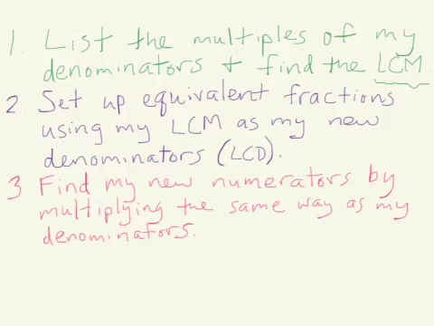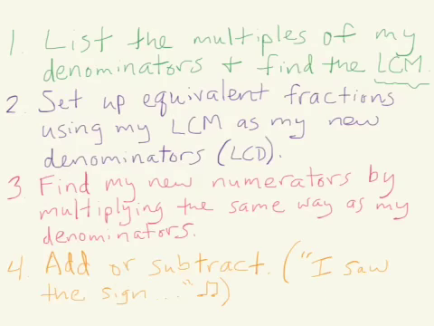Third, find my new numerators by multiplying the same way as my denominators. So that's when I always say, how did I get to my new denominator? If it was multiplying by 2, then whatever I do to my denominator, I have to do to my numerator, and I would multiply by 2 for the numerator as well.